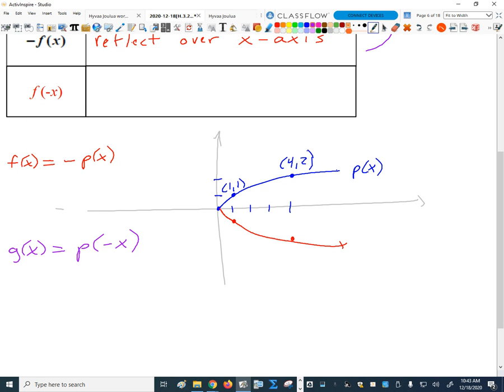Okay, but let me ask you this. My parent graph, if I plug in a +1, I get back a y value of 1, right? Well, g of x is defined as p of -x, right? So if I want to end up feeding my parent graph a value of +1, what number would I have to plug in for x if x is being multiplied by -1?